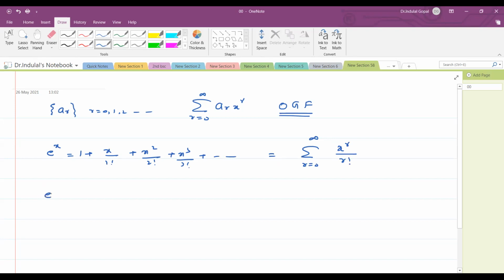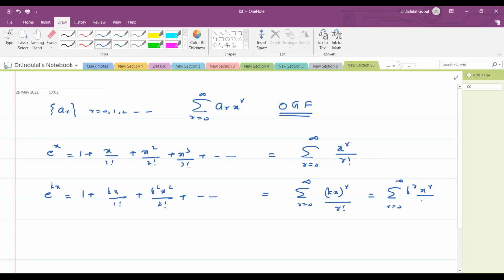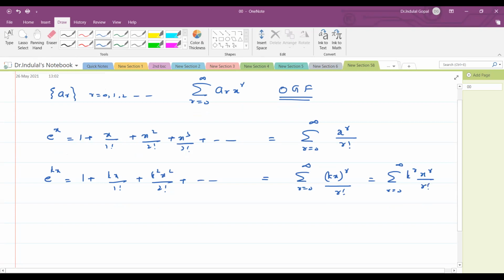And e raised to kx is equal to 1 plus kx by 1 factorial plus k square x square by 2 factorial plus etc. And this is sigma r equal to 0 to infinity (kx) raised to r by r factorial, and this is sigma r equal to 0 to infinity k raised to r x raised to r by r factorial.